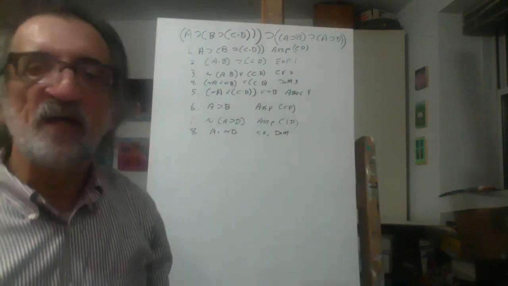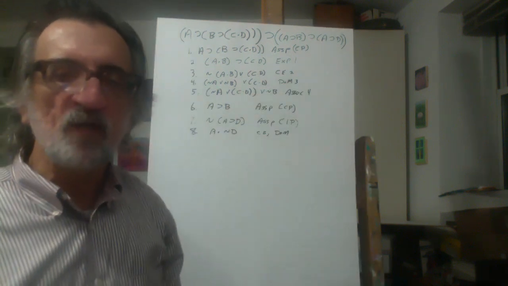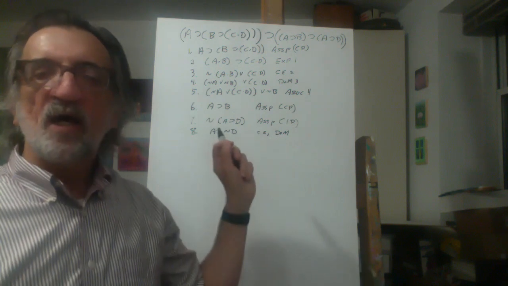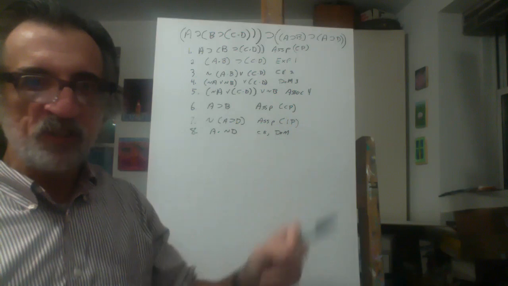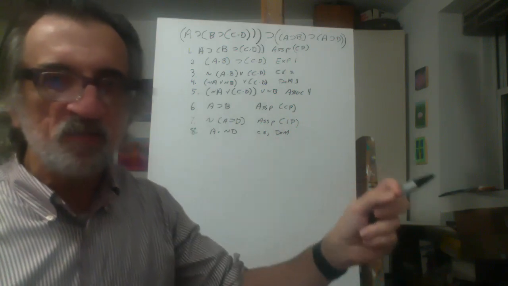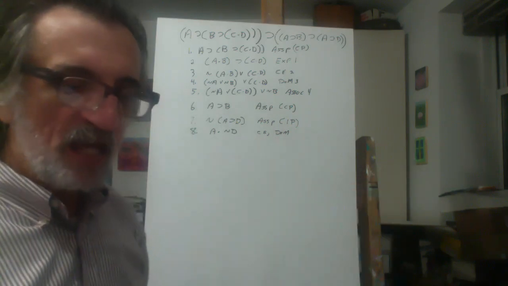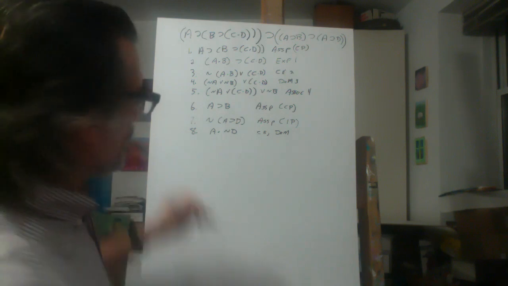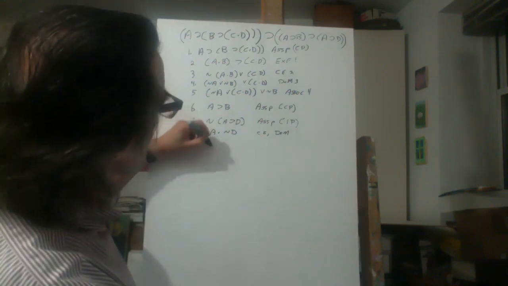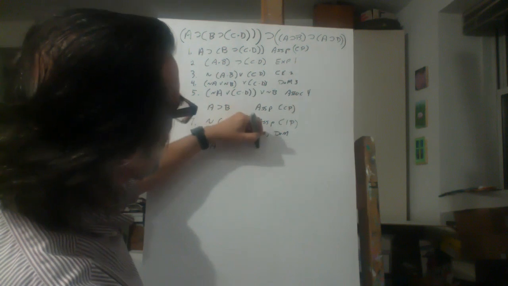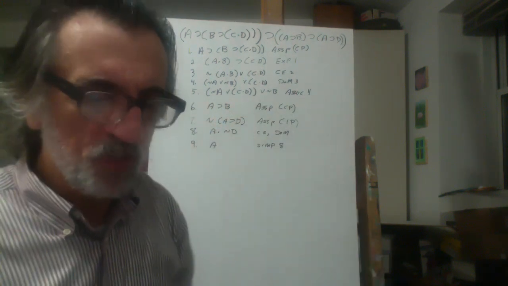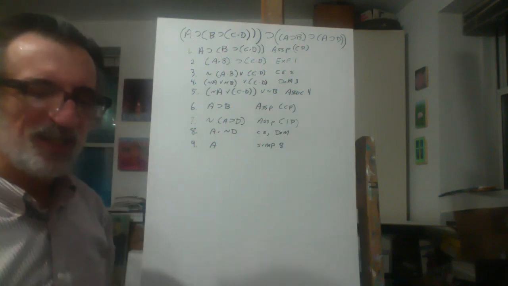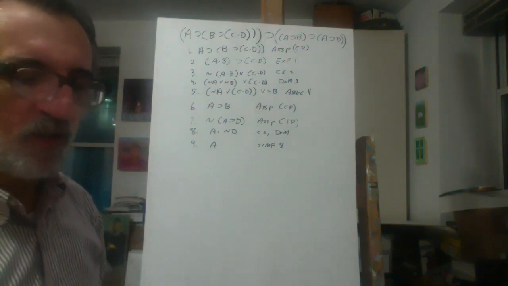Moving just a little faster here, I'm doing two steps at once. I turned that A horseshoe D into not A or D, then negated it using De Morgan's law, getting A and not D. Don't try this at home, kids. It's just to speed things along.